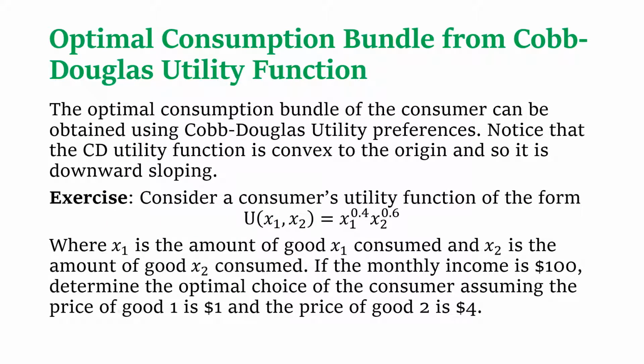Now let's move on to the optimal consumption bundle from a Cobb-Douglas utility function. Remember, we did this Cobb-Douglas utility function, and I noticed that most of you have some problems with this.